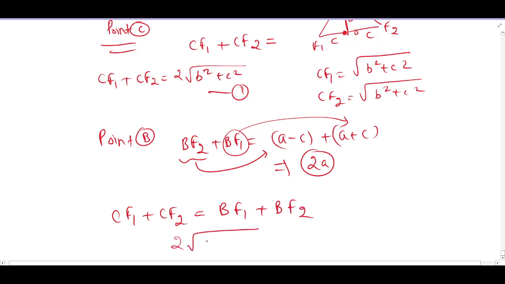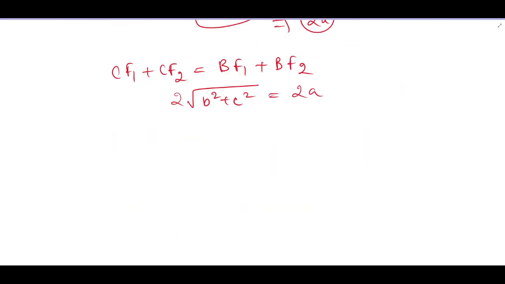So 2 times root of b square plus c square is equal to 2a. So we get root of b square plus c square is equal to a. If we write in terms of c, which is the distance between F1 and F2, c square is equal to a square minus b square.